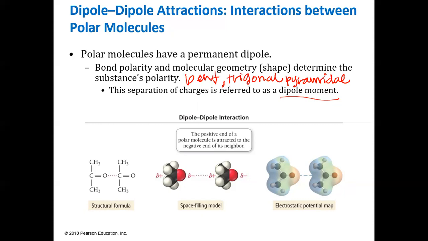With dipole-dipole interactions, it's the exact same as dispersion, but these are permanent dipoles. They're not induced. They're permanent. They don't leave. So this attraction right here is a little greater because it's not going to shift one way or the other and then affect your dipole.